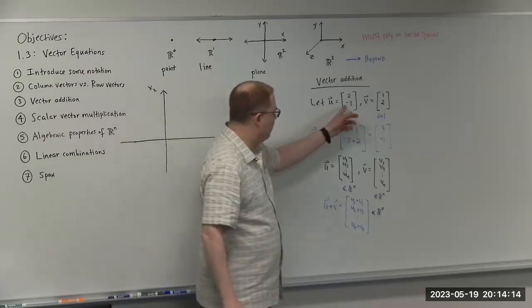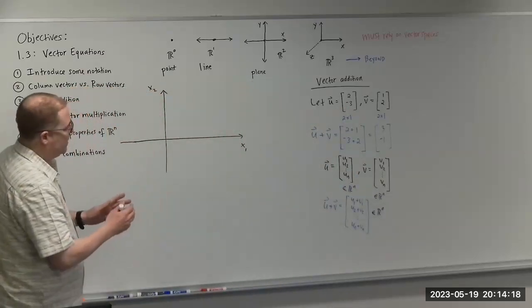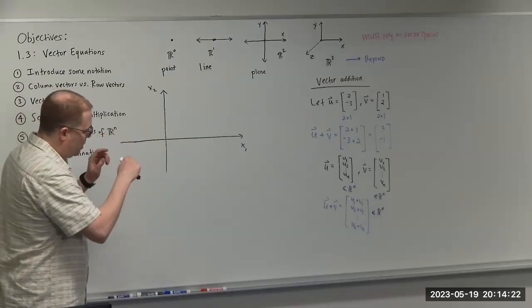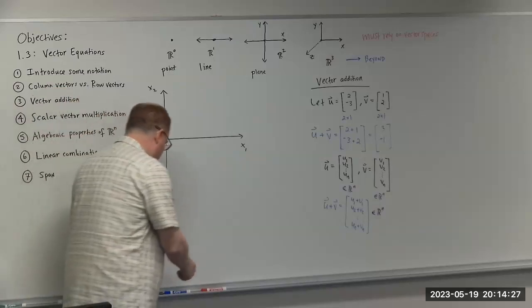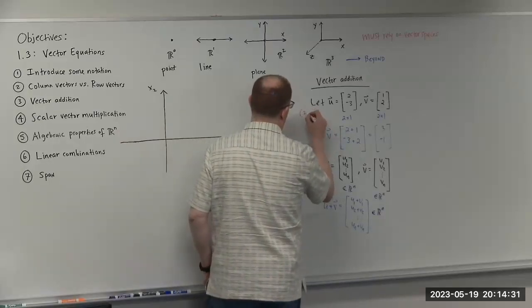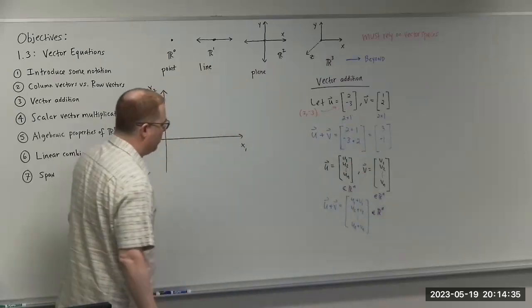If we think about this vector as a row vector, then we have parentheses 2, comma, -3, close parentheses. That's another way to think about it.